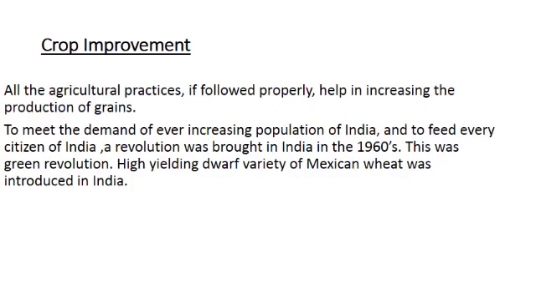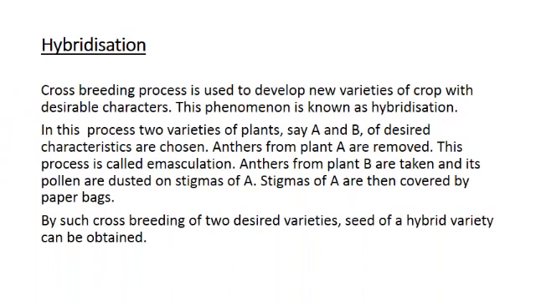Another way of increasing crop production is hybridization. It is the way of improving yield by developing new varieties of crops with desirable characters. It is the process in which crossbreeding of two varieties of crops is done and new varieties developed with desirable characters.